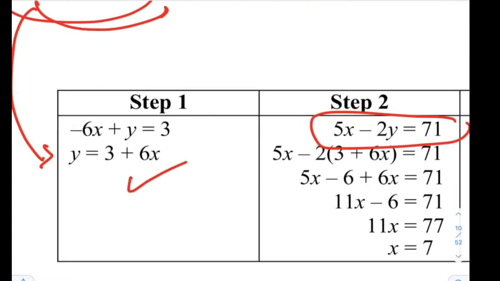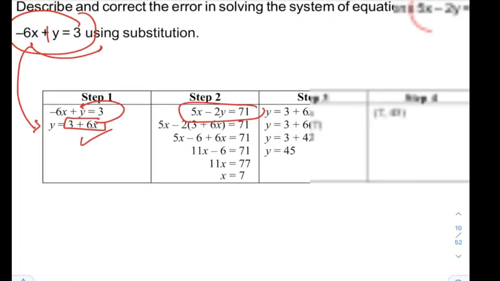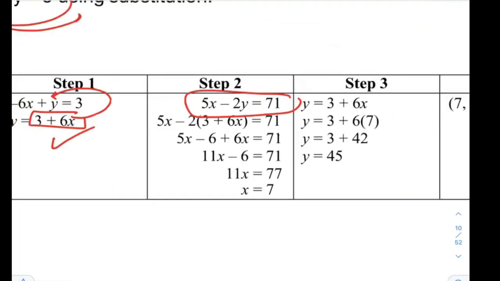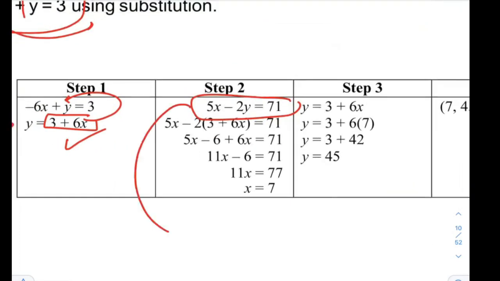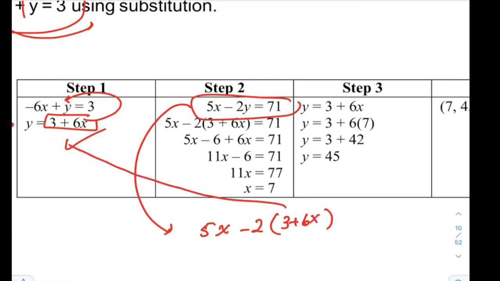The easiest way is for this expression to go here. Equation 2 will give to equation 1, and this is exactly what we are going to do. So in this equation, it should be like this: 5x minus 2, I'll take the value of y that I have solved for here and replace and copy the rest of the equation.